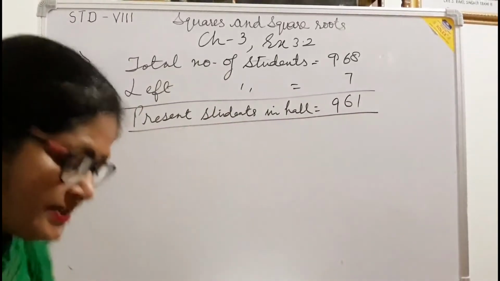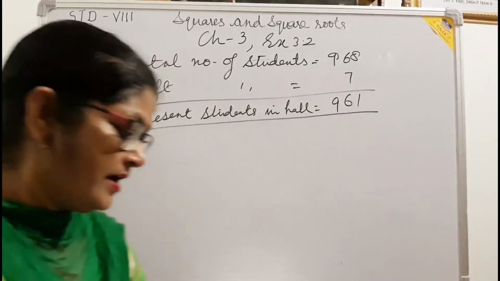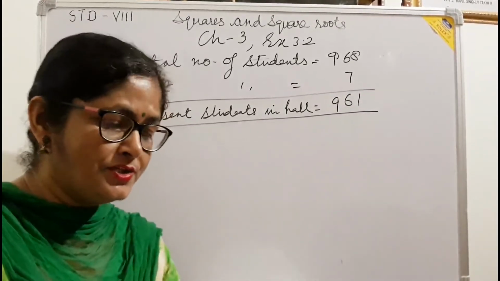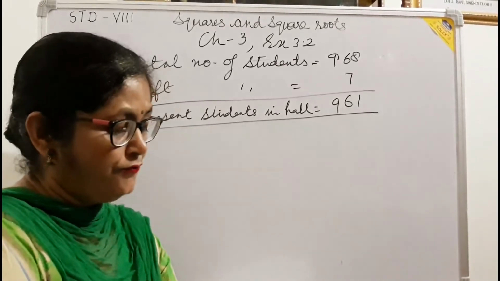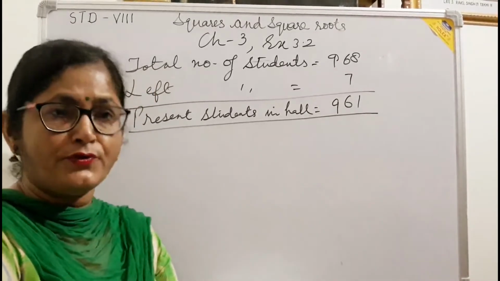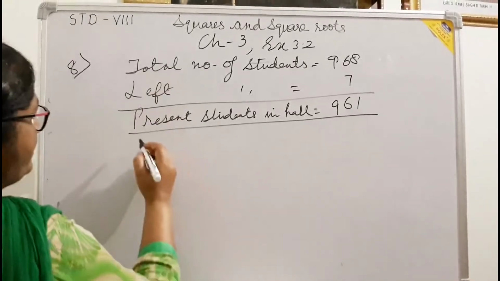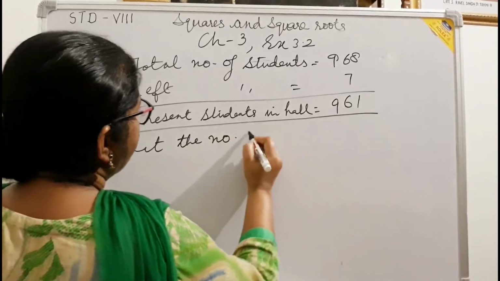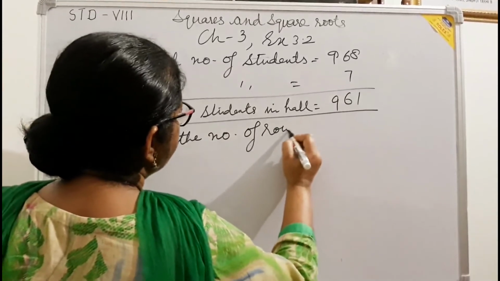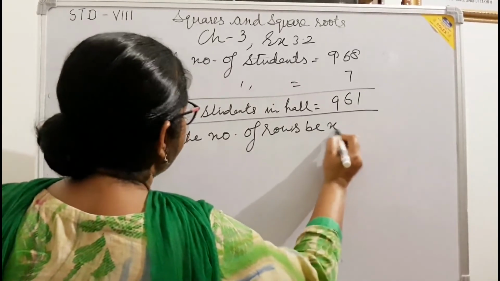Now the question is that the number of rows is equal to the number of students in each row, and you find the answer, the number of rows. Let the number of rows be x.